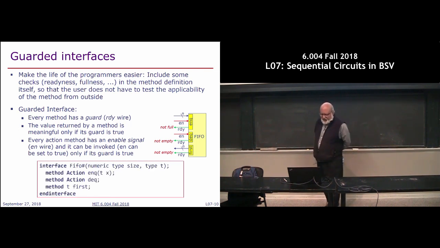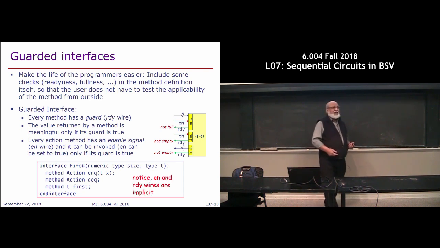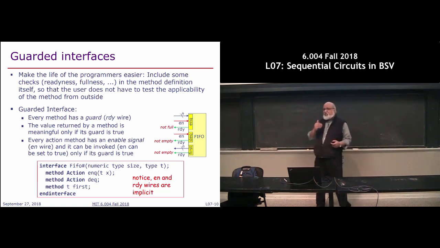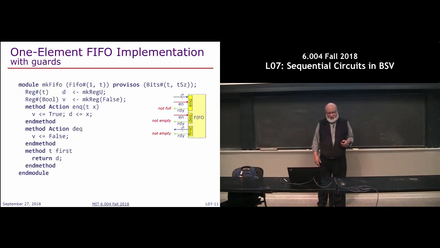Now when I write the interface, I don't have any more not full, not empty, because that's all implicit in my definition. It's just more convenient to write it like this. There is no mention of enable and ready because this is universal. We can look at the type and instantly tell. So this is what the definition will look like.